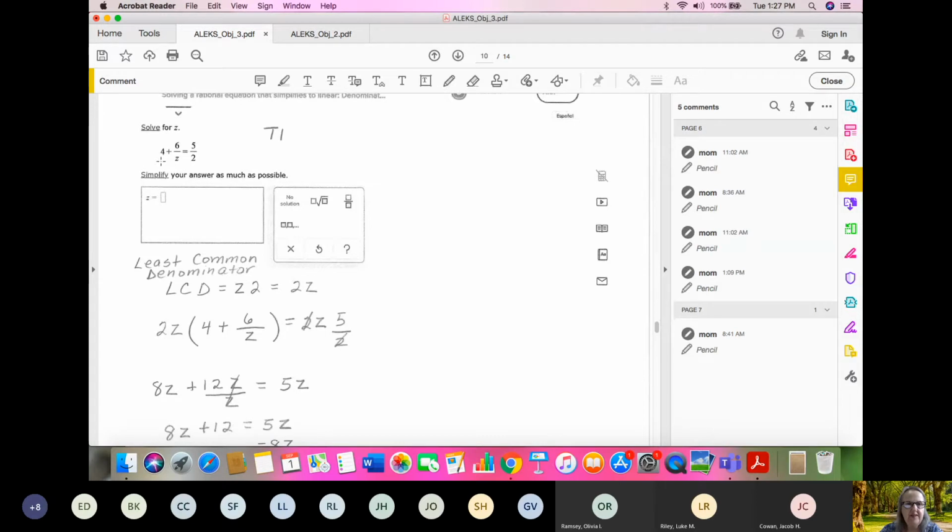So this doesn't have a visible denominator. This does. So I'm going to write down the z. Moving along, I'm looking at the next denominator. It's a 2. So I'm going to write it down. If it were a z, we wouldn't write it down again, because remember, the z we would be using to multiply.